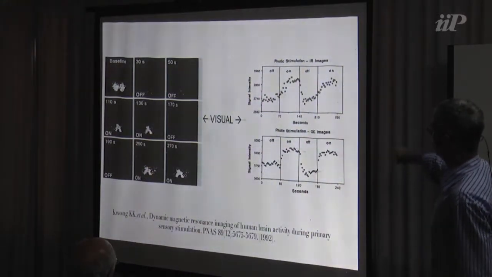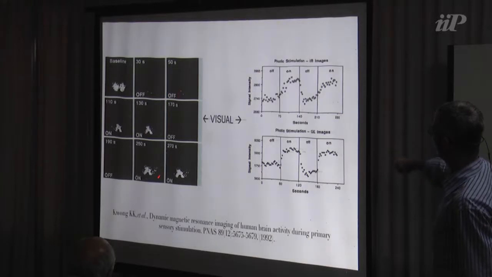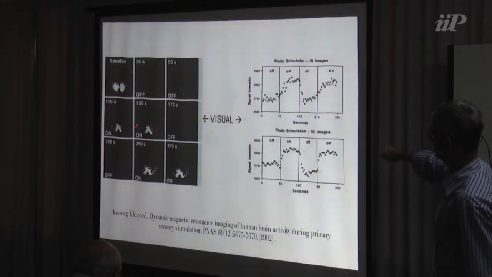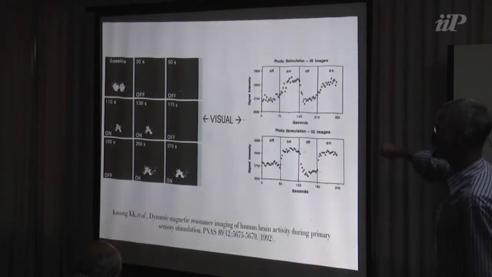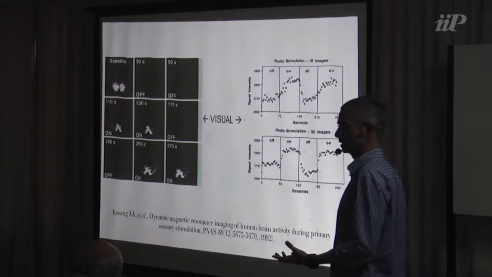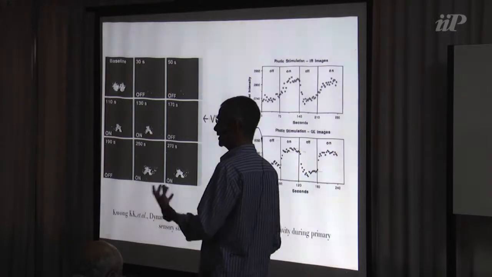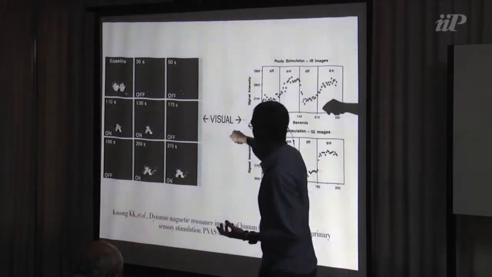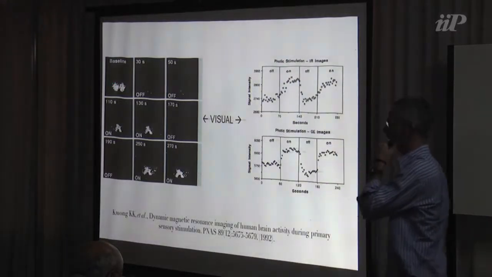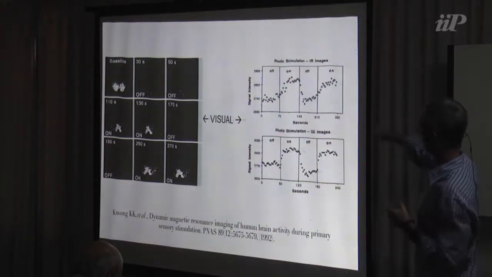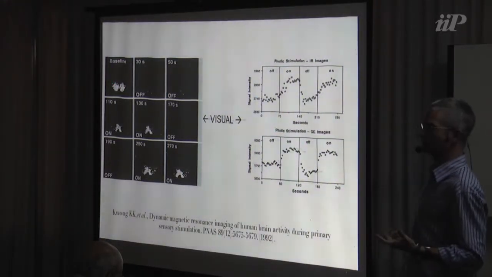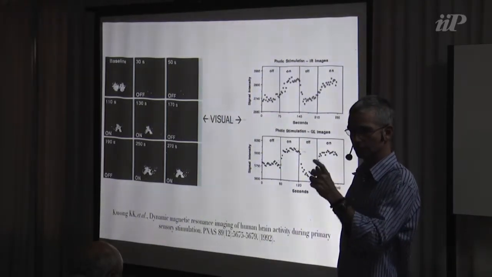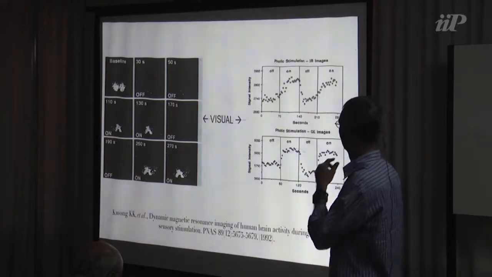What I'm showing here are the areas where you had a net increase in brightness as a response to the stimuli.